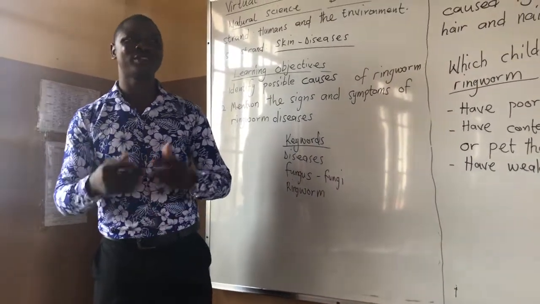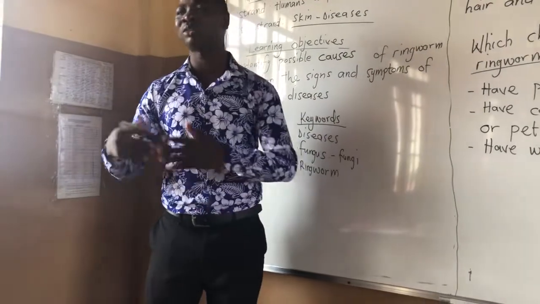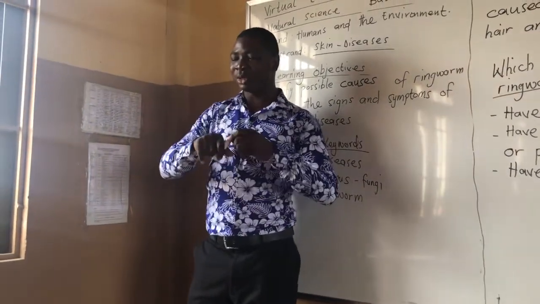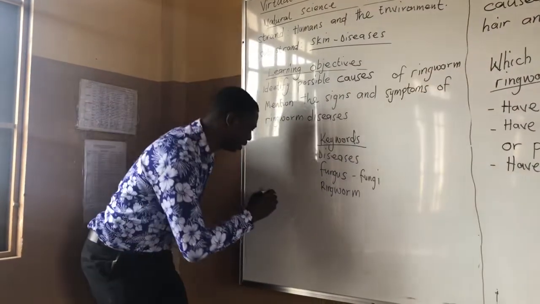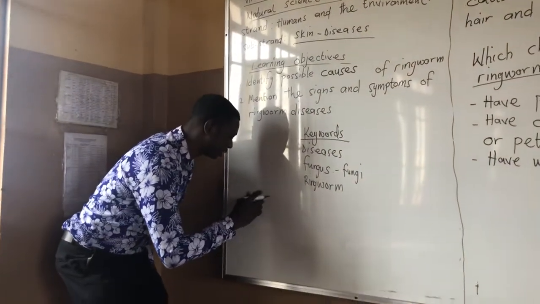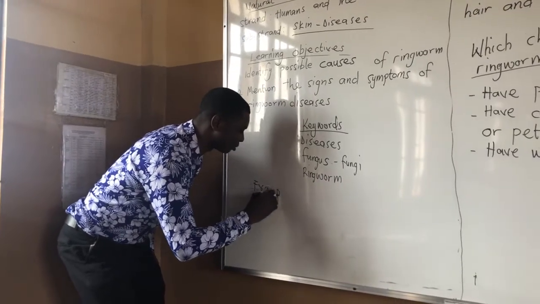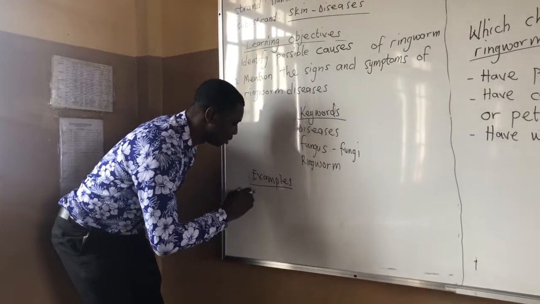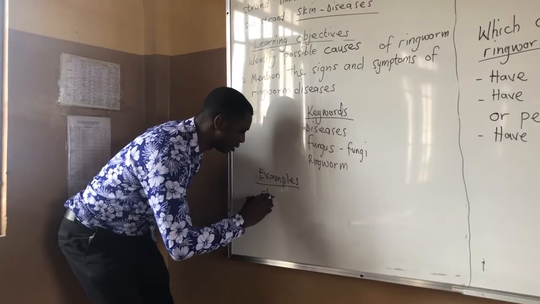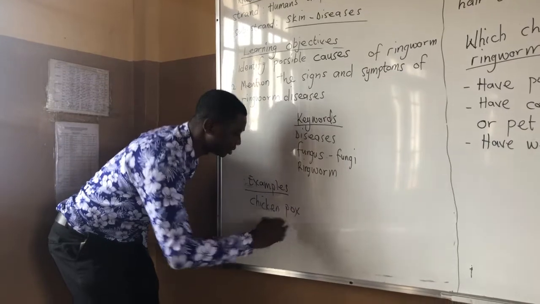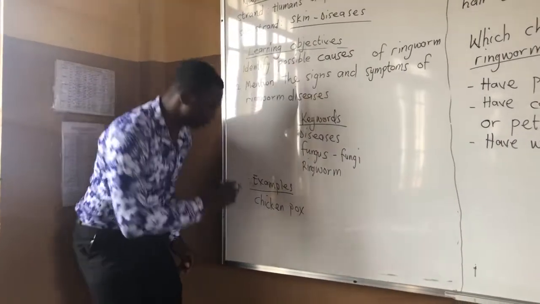Before we continue our lesson, I want to give you some examples of skin diseases you have heard of or seen before. I know you are going to mention one example. Chickenpox.